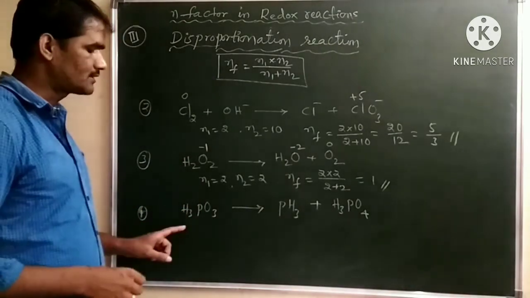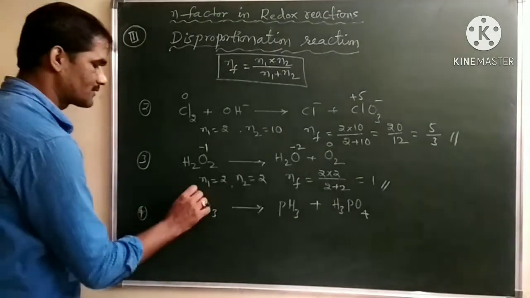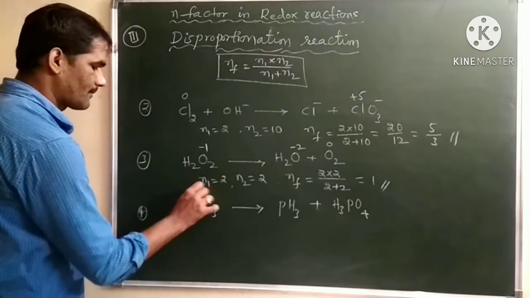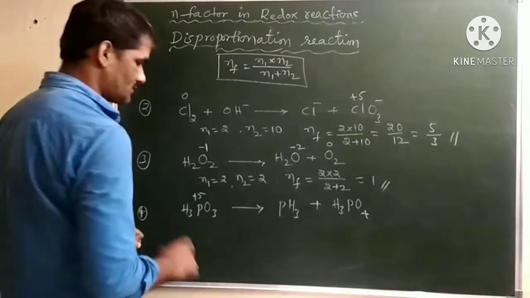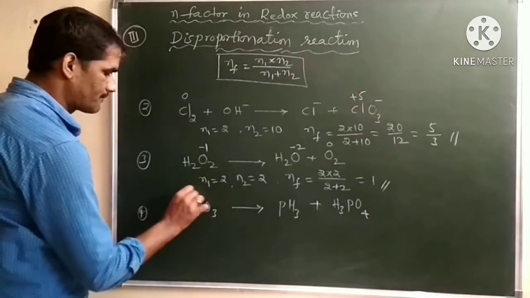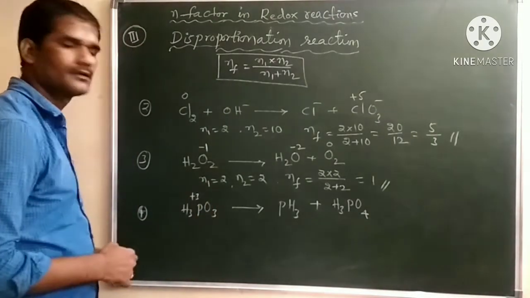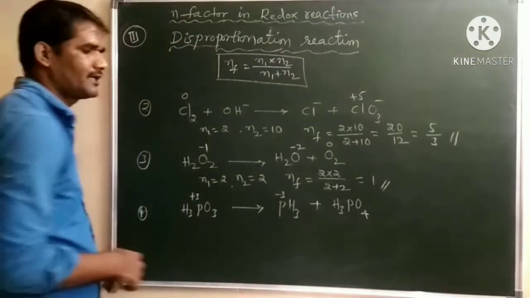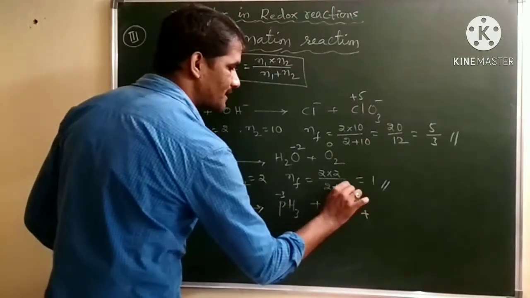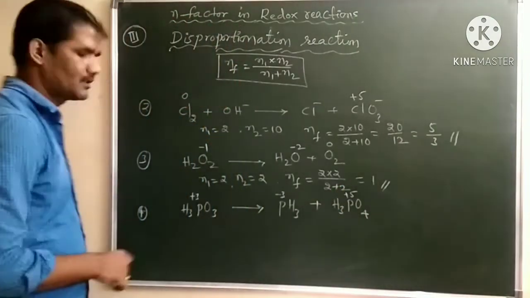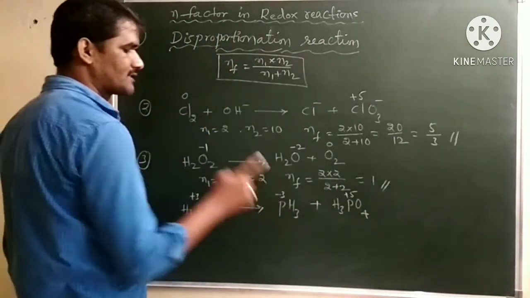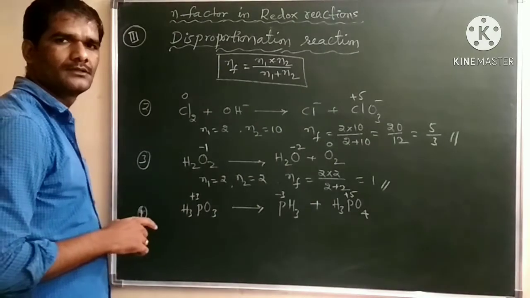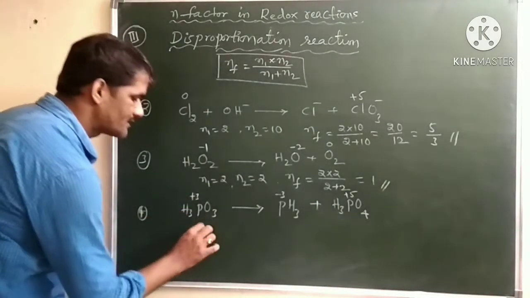Next, H3PO3. Here phosphorus oxidation state is +3, and here in phosphine it is -3, and here phosphorus is +5. Now the change from +3 to -3 is decreasing oxidation state.